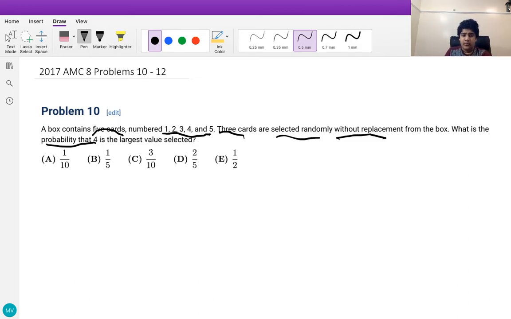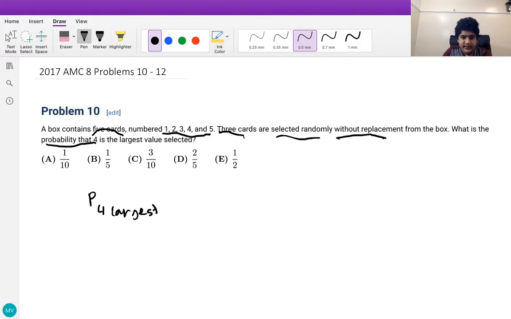To do this, we have to decompose the desired condition. The probability that 4 is largest would mean 2 things: 4 is picked, and no number larger than 4 is picked.